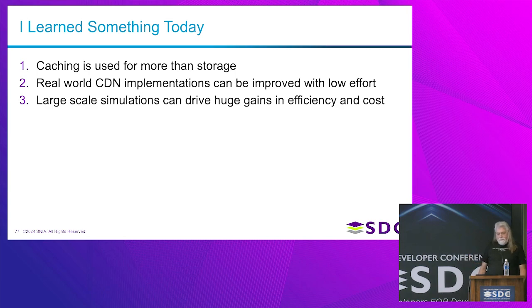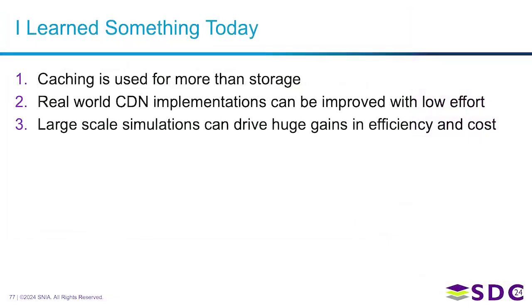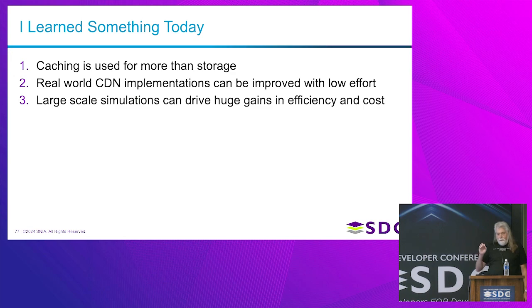I just wanted to sum this up: we're all storage geeks here, but caching is used for far more than just storage. There are ways that we can improve content delivery networks vastly by just doing some experimentation on them rather than going out and building the POPs ourselves.